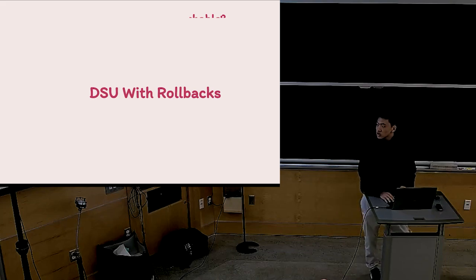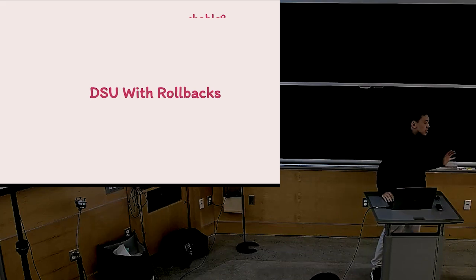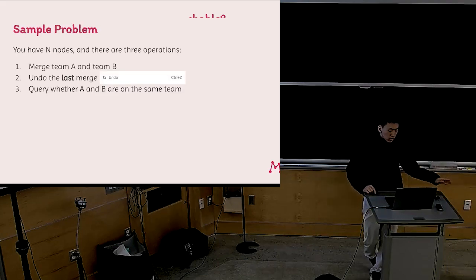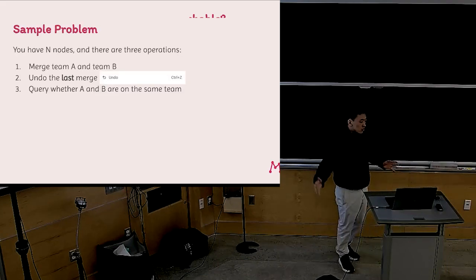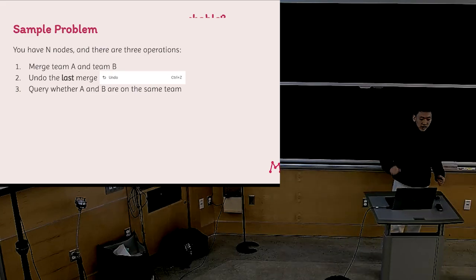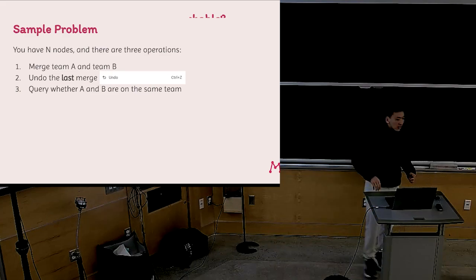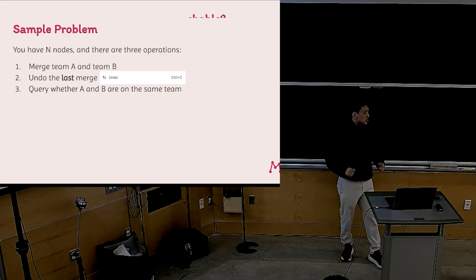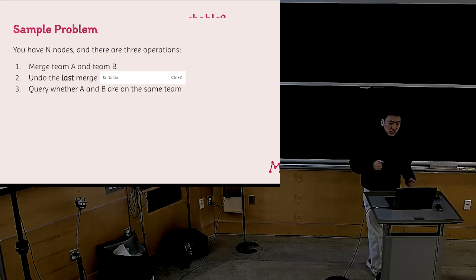What do I mean by this? For example, let's consider our standard DSU problem from last week, where you can either merge two teams or query whether A and B are on the same team, but now we can essentially click an undo button. So we can undo the last merge that we made between team A and team B. How might we do this?